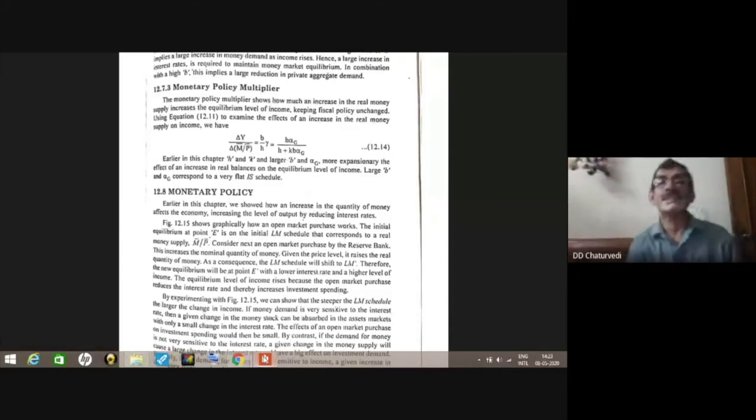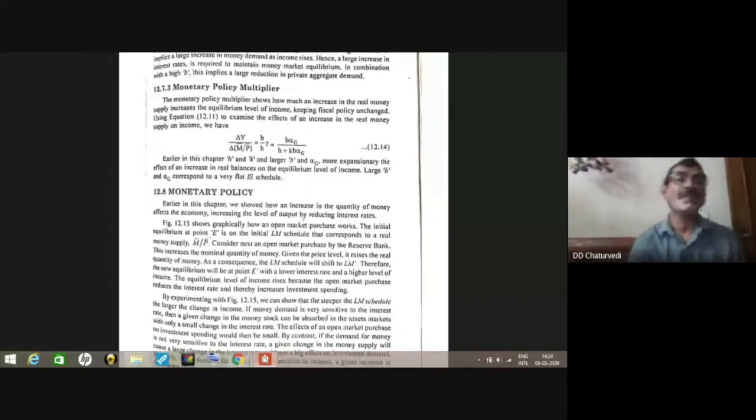And as far as alpha G is concerned, a greater value of alpha G would mean a greater value of the monetary policy multiplier. And if you want to know why, you will have to divide the right hand side of equation 12.14 by alpha G. And when you do this, you will be able to know that when alpha G is infinity, that means alpha G is taking the maximum value, the value of the monetary policy multiplier will be maximum.